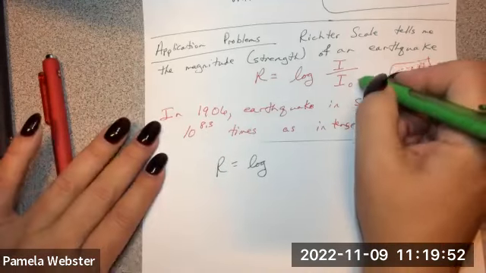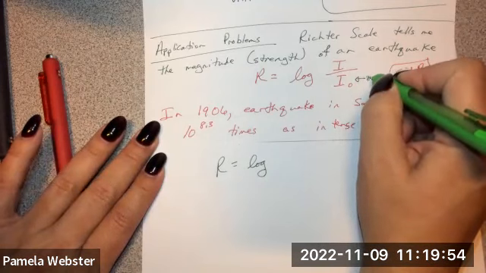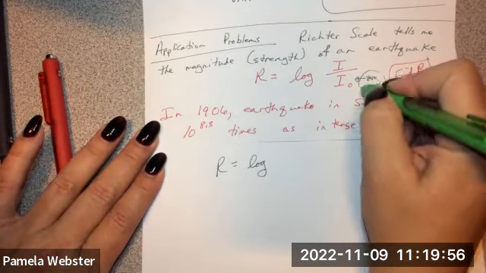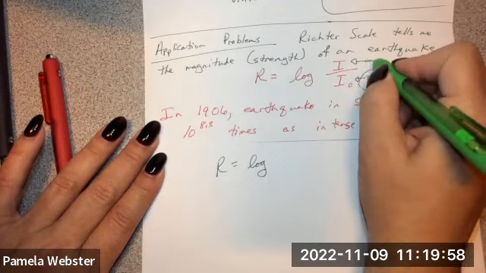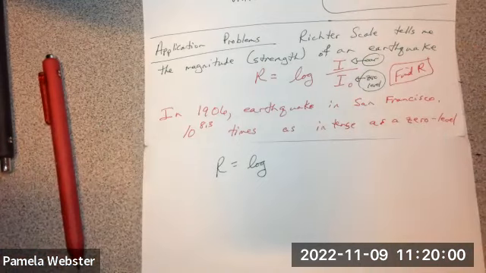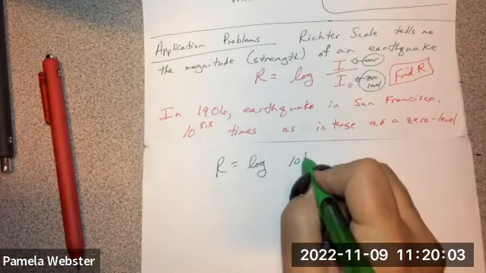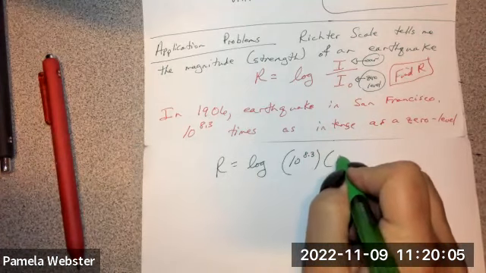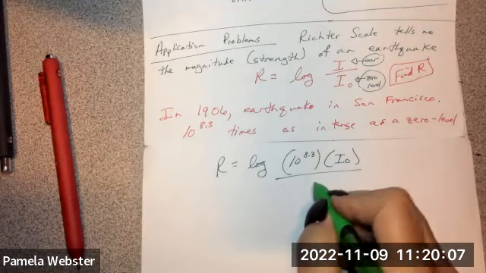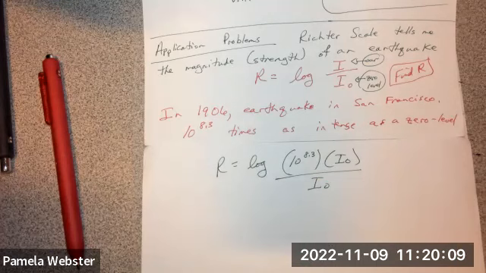The 0 level is here, and this is our earthquake that we want to talk about. So 10 to the 8.3 times I sub 0, and it's going to be divided by I sub 0.